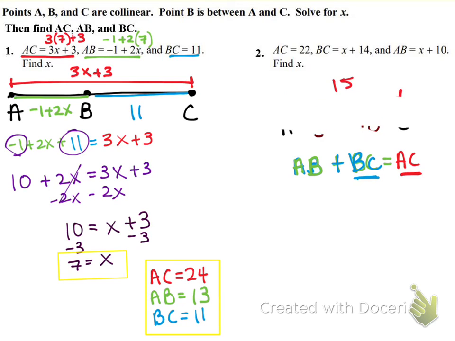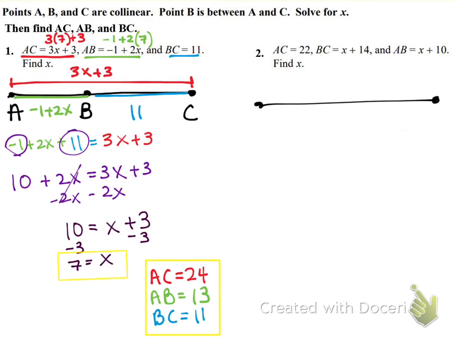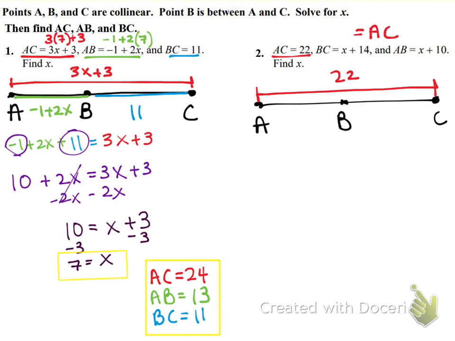We can draw a picture again. So it's the same setup. We have an A, a B, and a C. B is somewhere between them. This time AC is 22. BC is x plus 14.